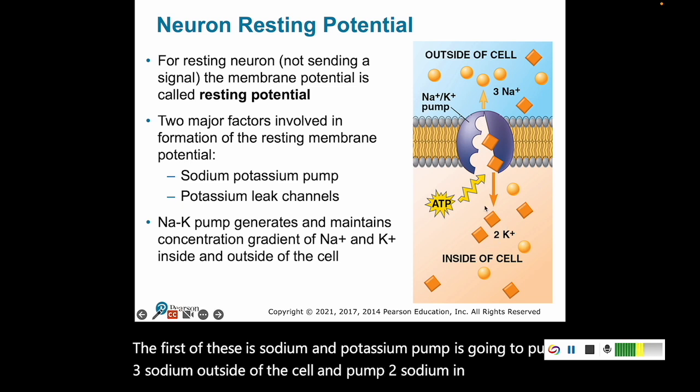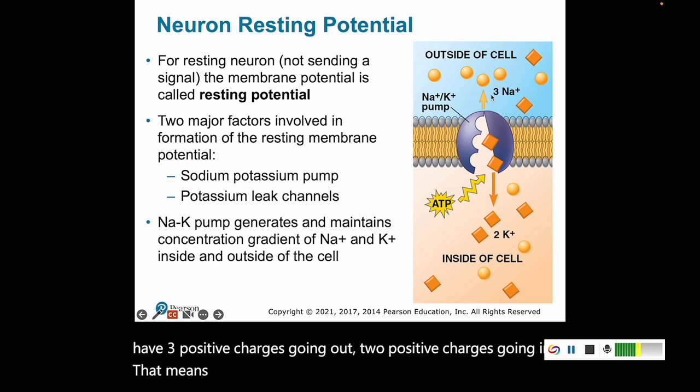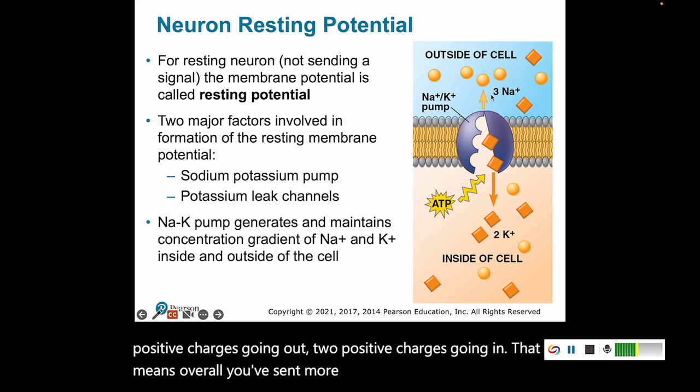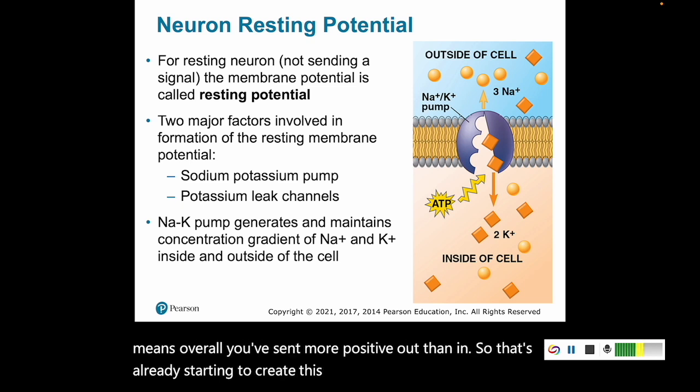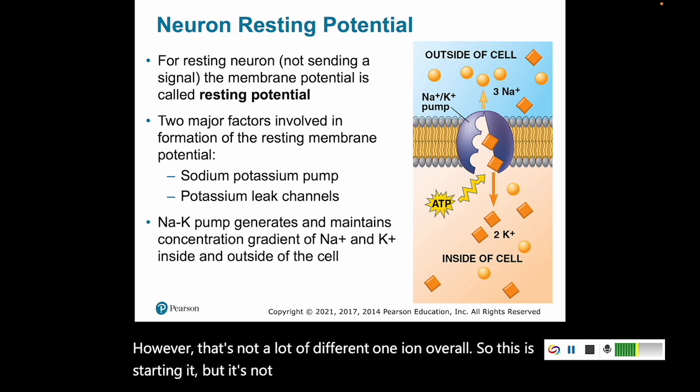So you have 3 positive charges going out, 2 positive charges going in. That means overall you've sent more positive out than in. So that's already starting to create this positive outside, negative inside. However, that's not a lot of difference, 1 ion overall. So this is starting it, but it's not completely going to be what controls it.